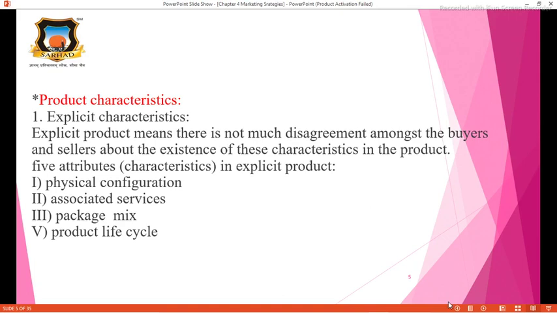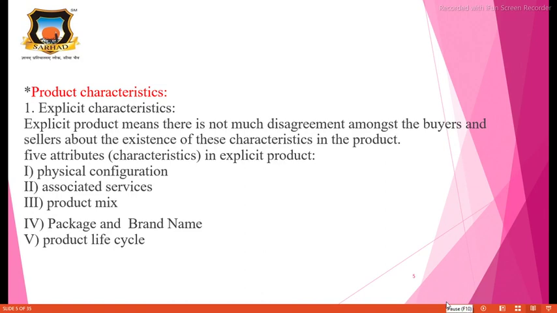Let us see the third point. It's the product mix. This points out the relationship of the product to other products sold or made by the firm. That is, a given product is a part of a set of products offered for sale by a particular seller and has an impact on how the seller and the buyers consider it.